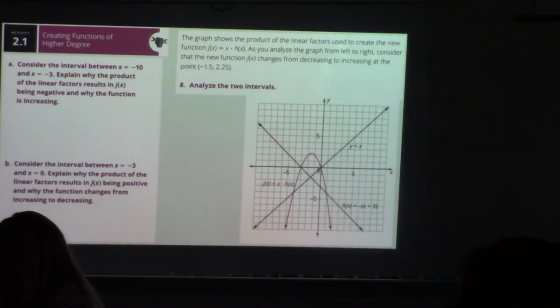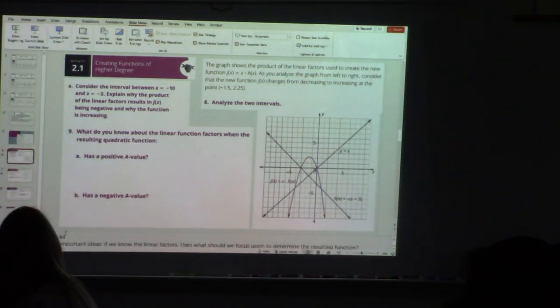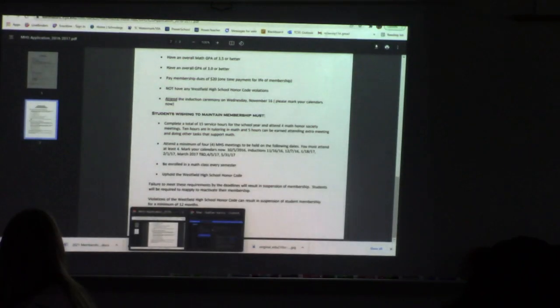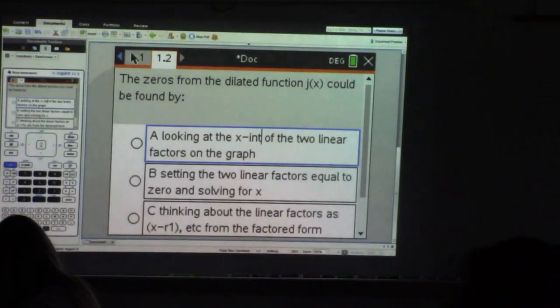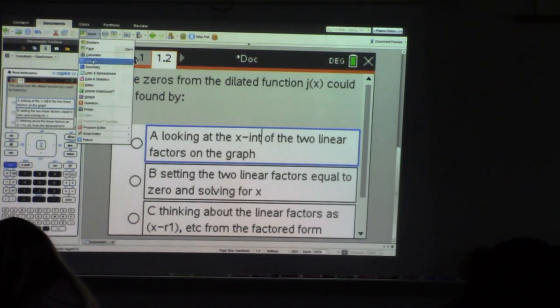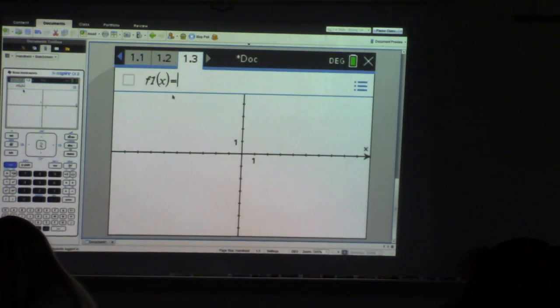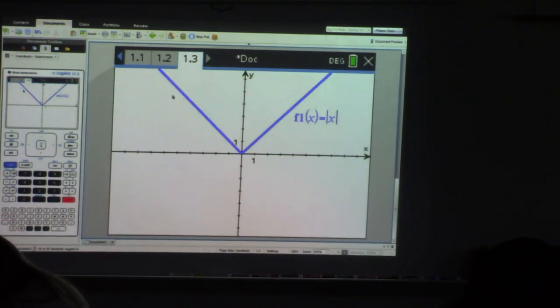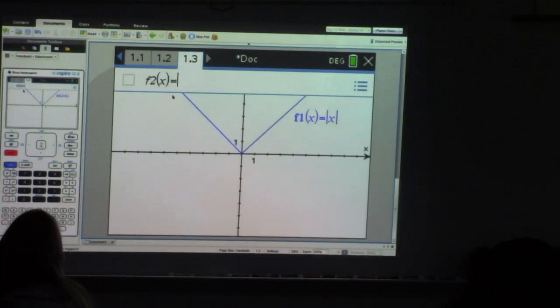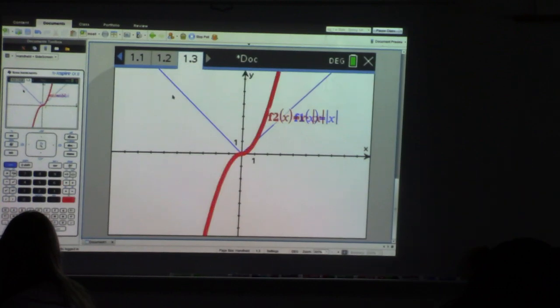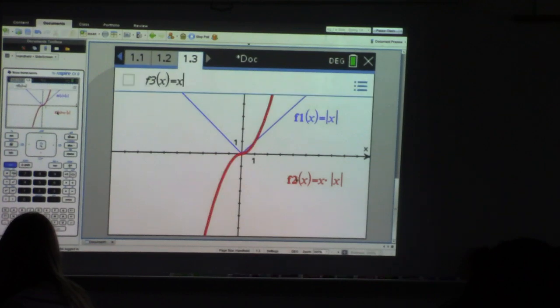A small example of this, I showed this in third block. Just so you can see that this is true in any case. If I have y equals the absolute value of x, there's the function, right? If I then take the absolute value of x and I dilate it by x, does it look anything like an absolute value function anymore? No, that's square root. It looks similar to a cube root, but let's check to see if it actually is. Not cube root, a cube.